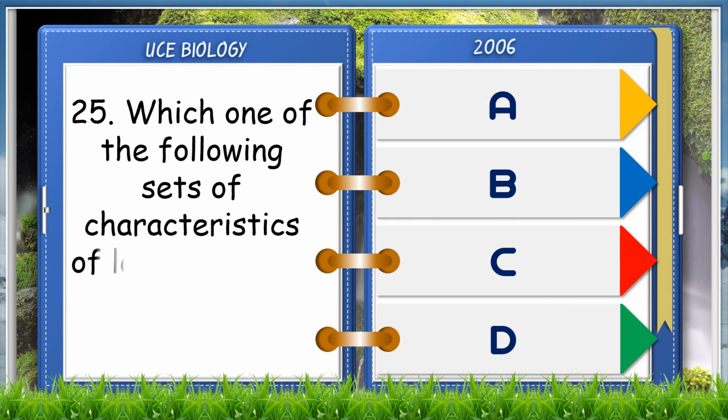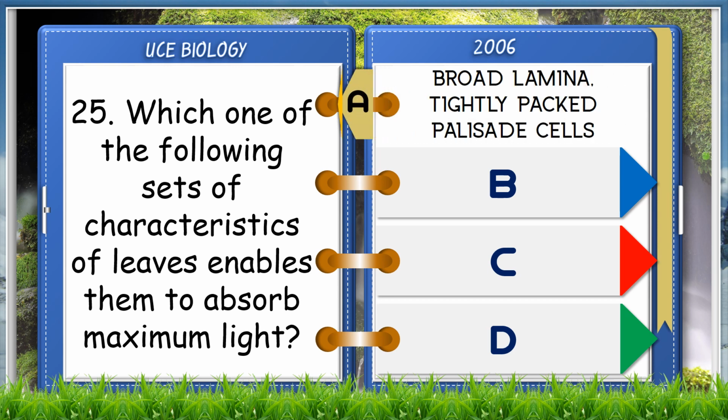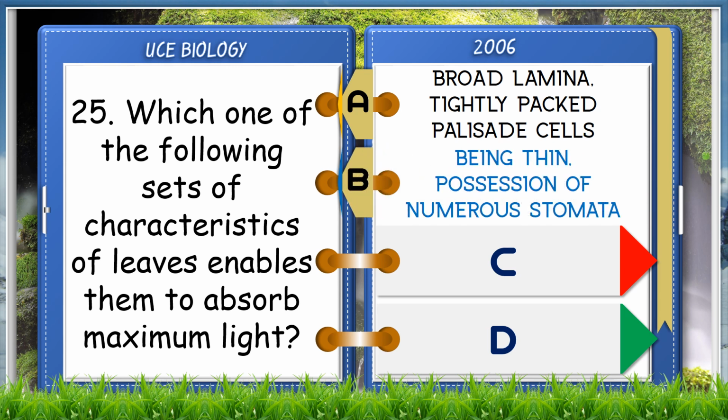Which one of the following sets of characteristics of leaves enables them to absorb maximum light? A. Broad lamina, tightly packed palisade cells. B. Being thin, possession of numerous stomata.